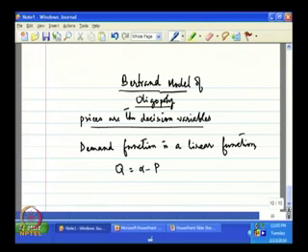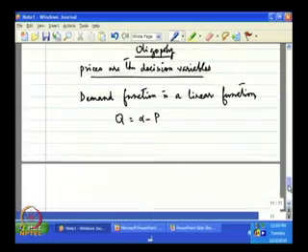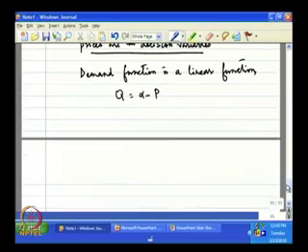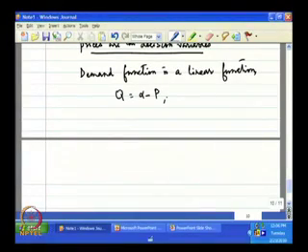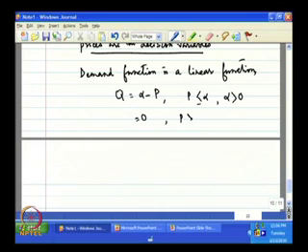While talking about the Cournot model, we just inverted it and used p as a function of q. So, this q is now taken as a function of p, the original demand function, not the inverted function, and this is true if p is less than or equal to alpha, where alpha is greater than 0, and q is equal to 0 if p is greater than alpha.